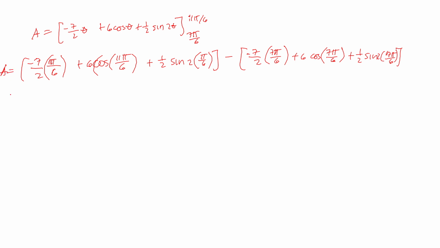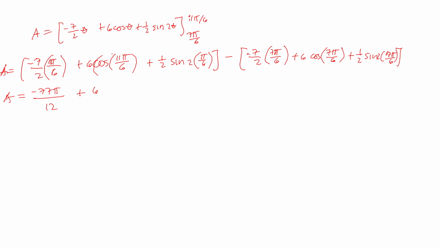Area now is negative 77 pi over 12 plus 6 cosine of 11 pi over 6.